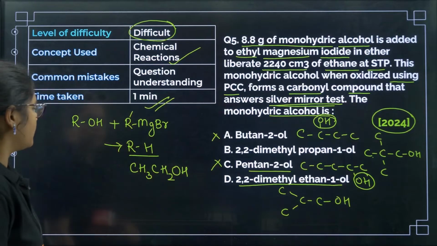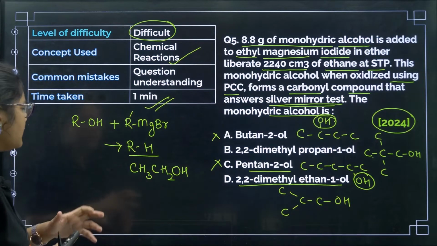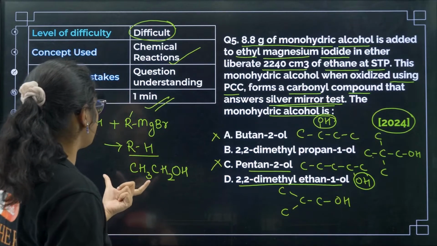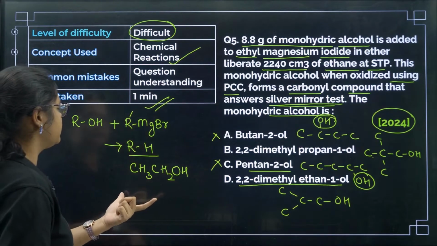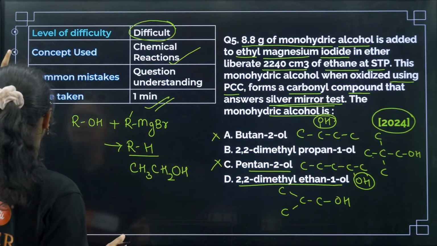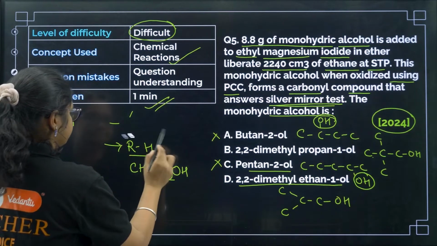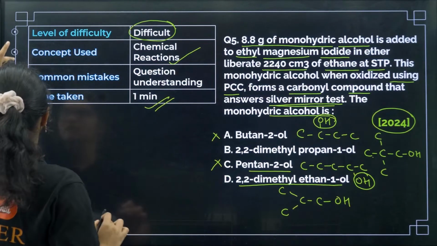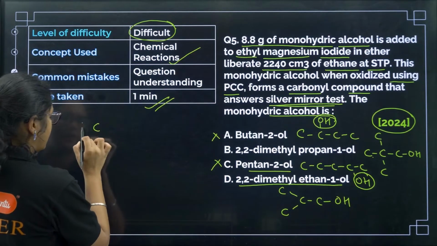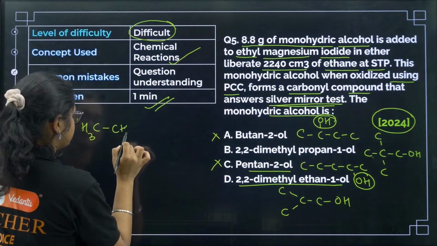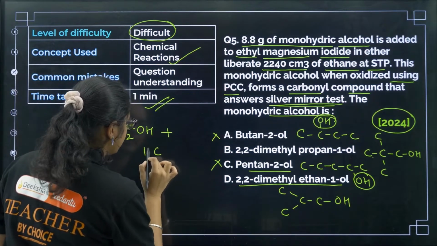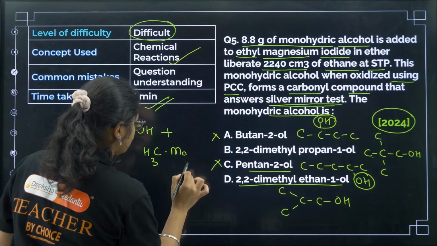Now the question is telling that this gas is produced. So how will it be produced? Let us see what the reaction is exactly and write it first. Let us take one example here. Suppose you have an alcohol CH3CH2OH, and you have CH3MgBr.